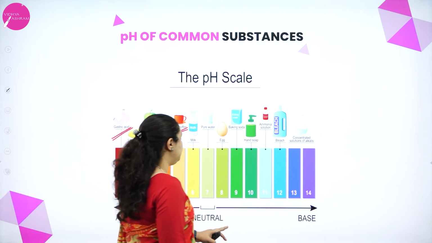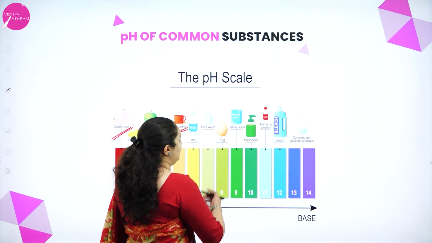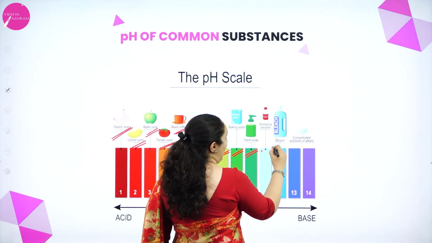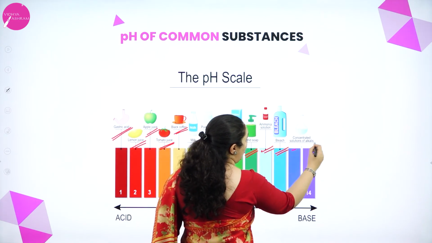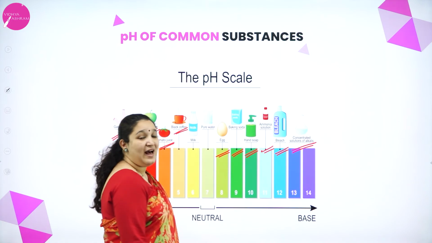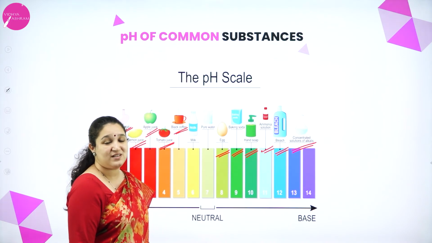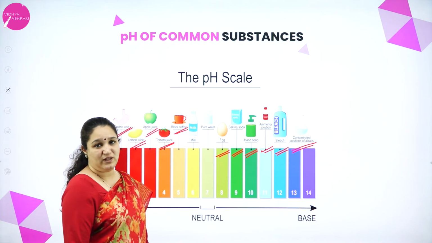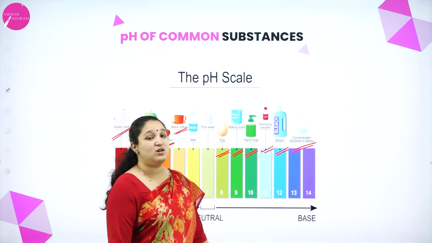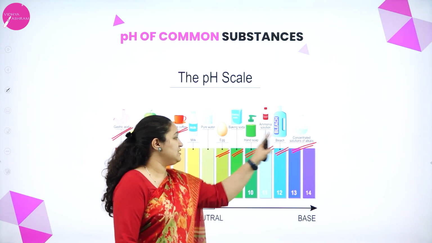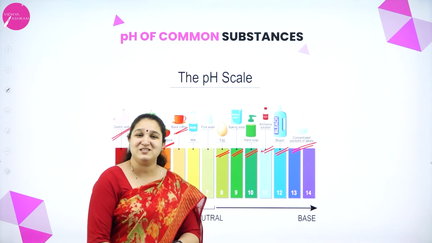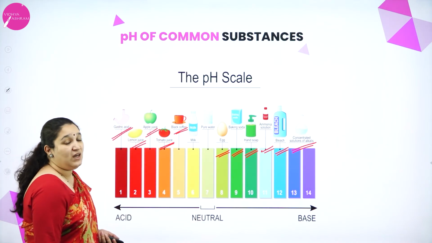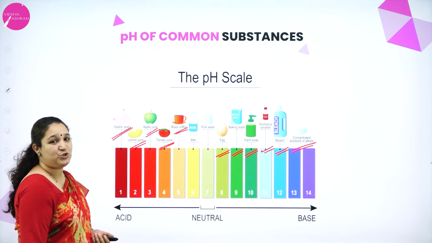You can see here the pH of the bases, that is egg, baking soda, hand soap, ammonia solution, bleach, concentrated solution of alkalis have got a very high pH, that is they are all bases with a pH above 7 up to 14. That means the H plus ion concentration is less for all these substances. Okay. So that's about the pH of the common substances which you need to know.